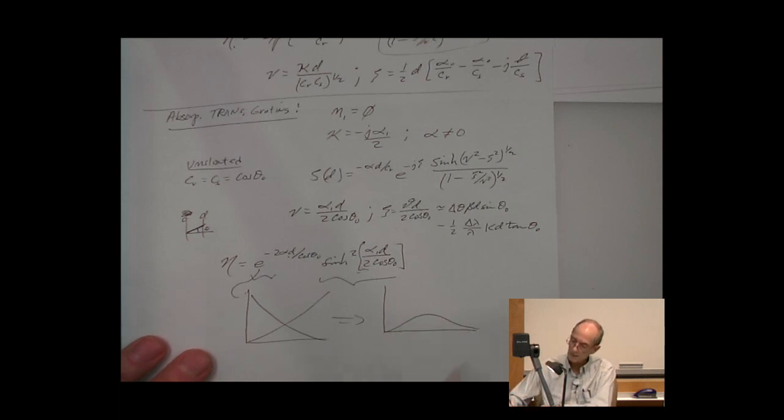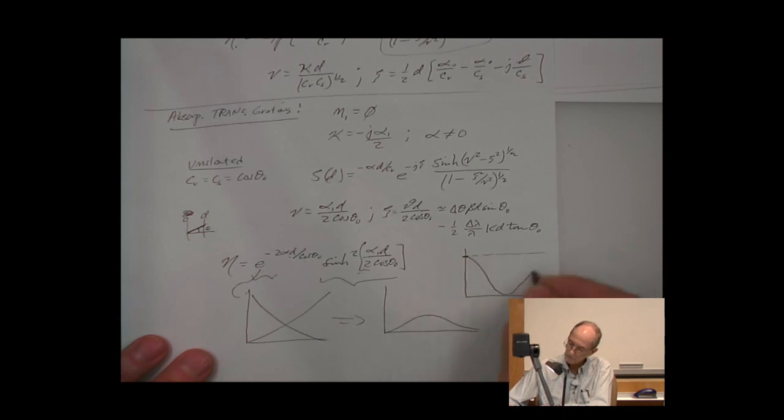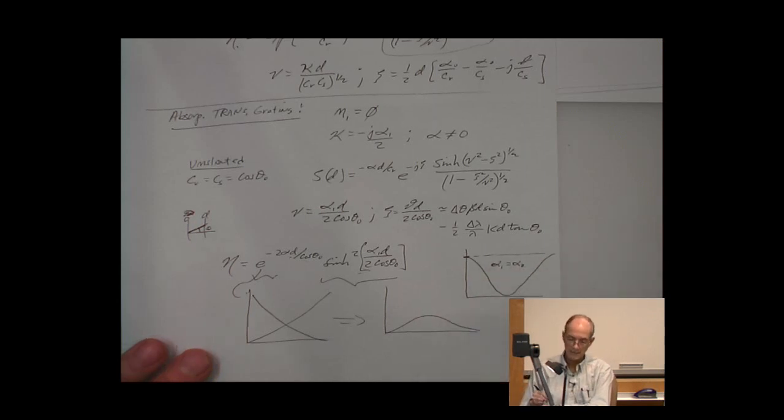And the maximum modulation that we can get for alpha 1 is, if this is the average absorption, right, the maximum modulation is just equal to the average absorption. So alpha 1 equal alpha 0 is going to be the maximum.